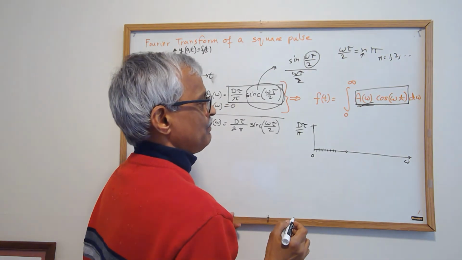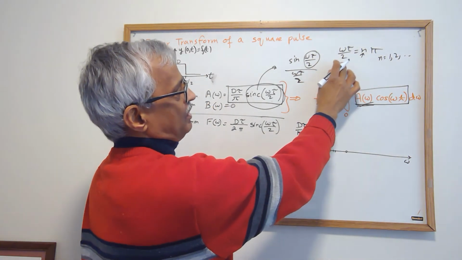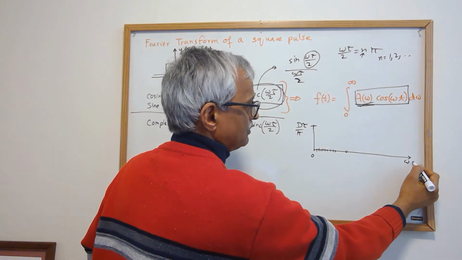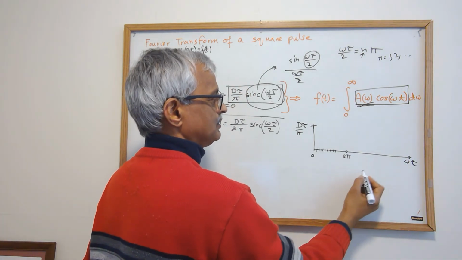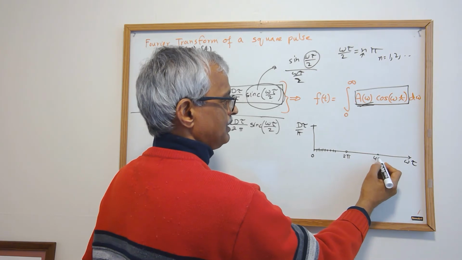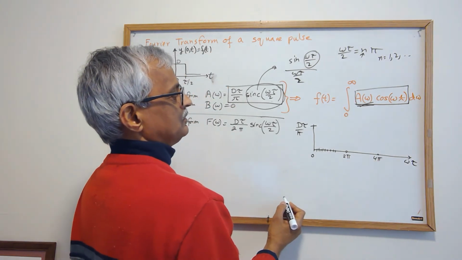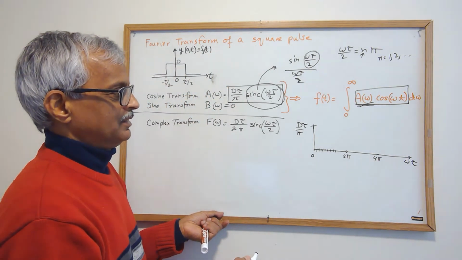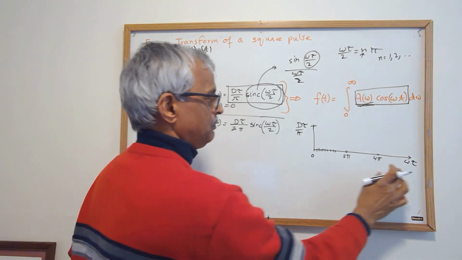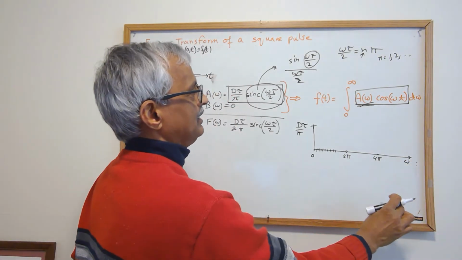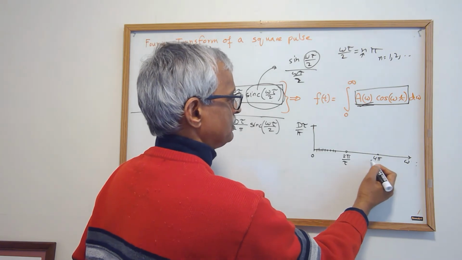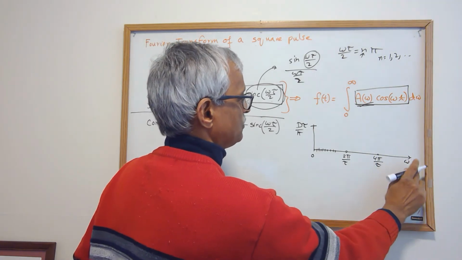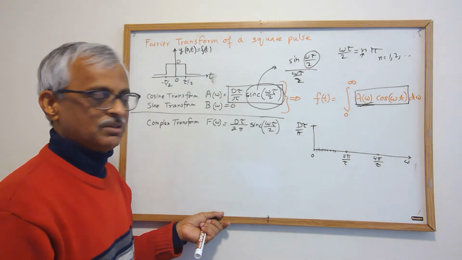So it's best to plot in terms of omega tau, and then I can have a 2 pi here, a 4 pi here, and so on and so forth. Or if you plot in terms of omega, then you have 2 pi over tau, 4 pi over tau. If you plot like that, it's going to come out like that.